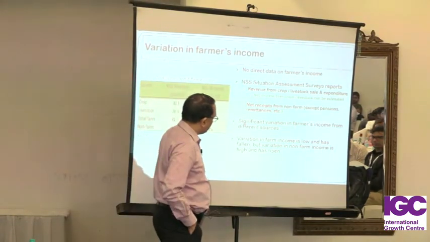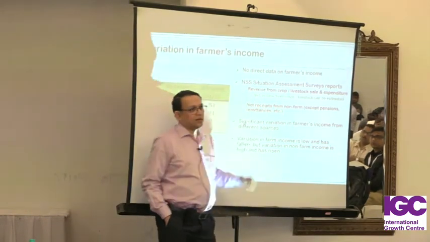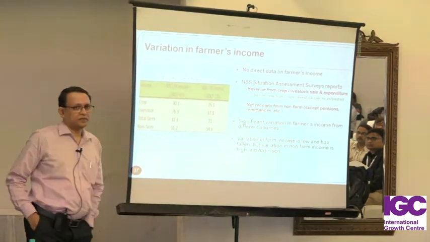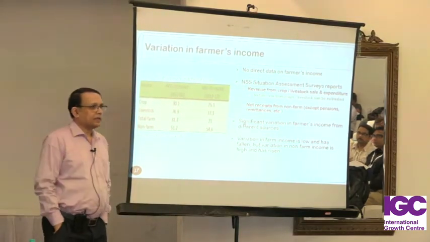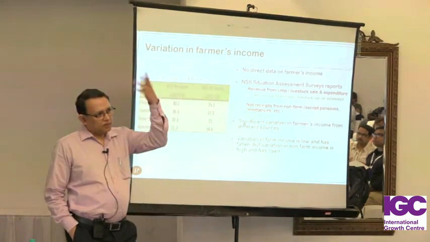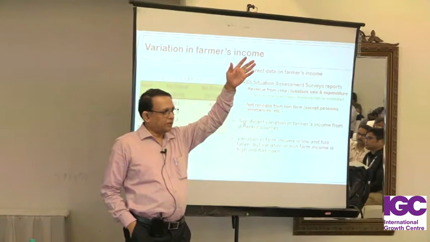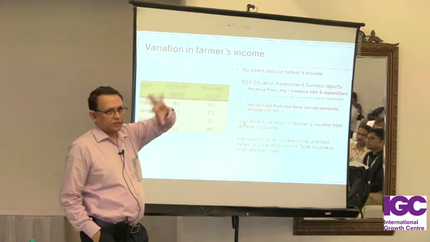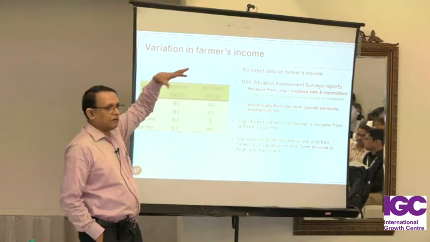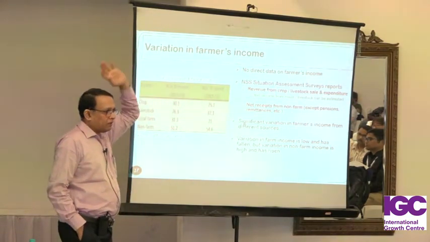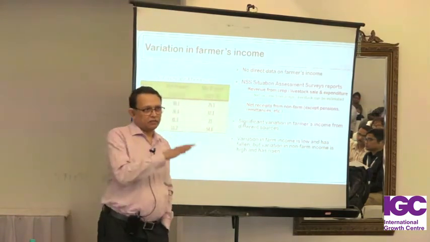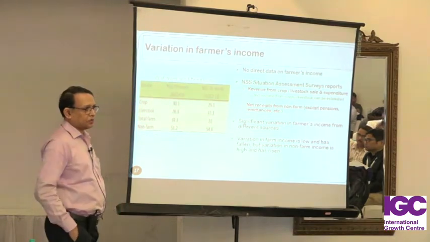What they don't give is basically the transfer incomes. They don't have information on the transfer incomes that the household gets, that is pensions, any remittances from a family member staying outside the village. Could be in a city within India, maybe in Bombay or Delhi or wherever, or maybe even living outside the country but remitting some income to the household.